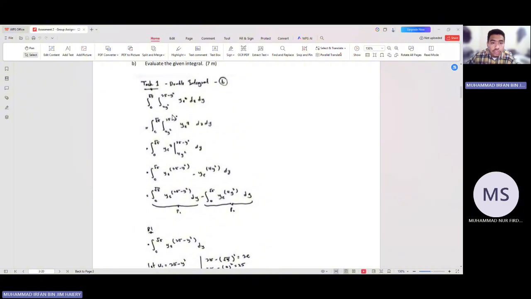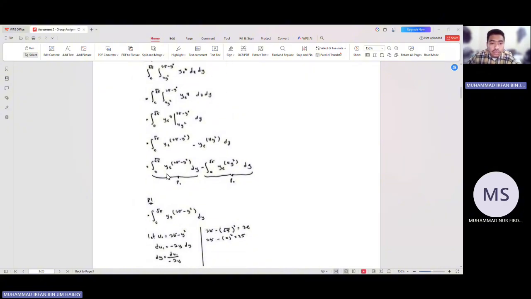First we should integrate dz first. When we integrate it, we got this. We are done integrating dz, and we got this equation.